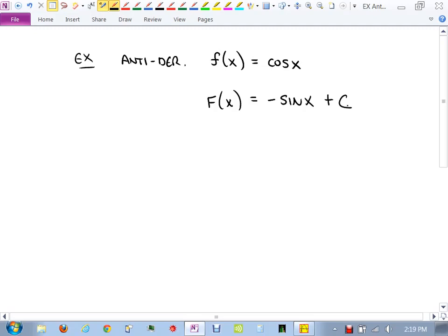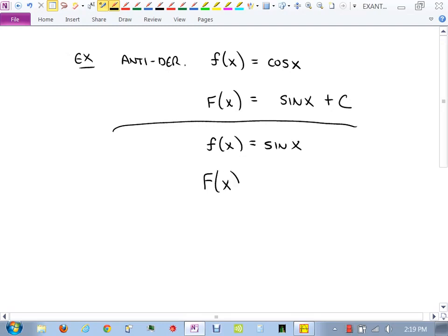Sure. Take the derivative of capital F. Wouldn't you get negative cosine? So it's just sine, right? The antiderivative of cosine is sine. What about this one? What's the antiderivative of sine? That's negative cosine.